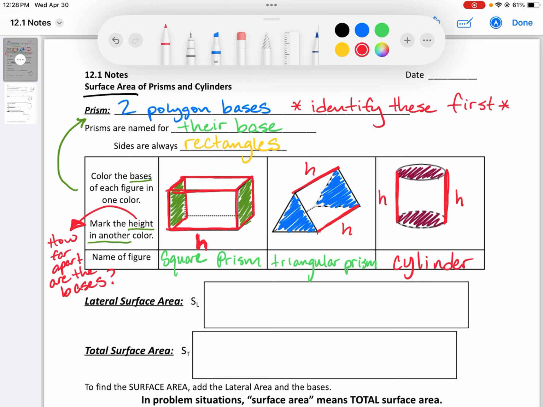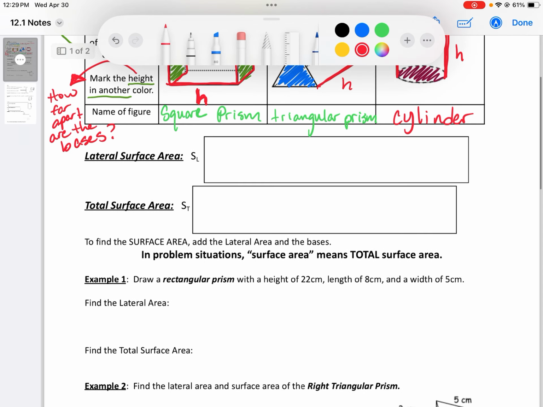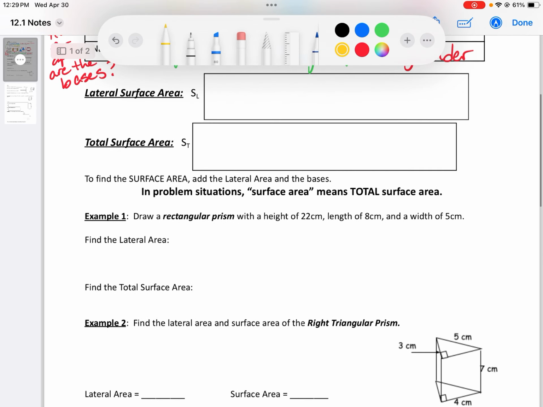All right, and we have a couple of new formulas. We're still going to be using all the stuff we've been using from the past, all of our other area formulas. But we have a couple new formulas for our surface area. The first is lateral surface area. When you see the word lateral, you should think sides.